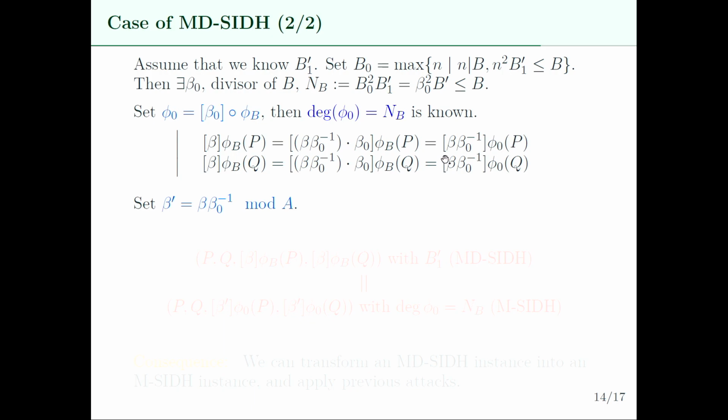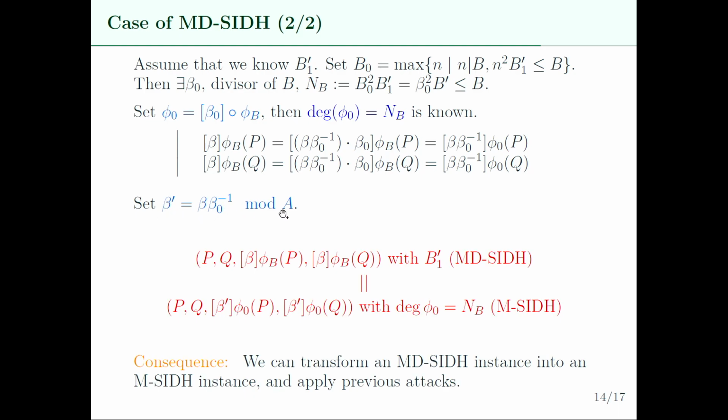And the same holds for Q. And we now set beta prime equal to beta 0 inverse modulo A. And we know these two cases are the same. The first case is the case of MDSIDH, where we know the square-free part of b prime. And the second case is the case of MSIDH, where we know the degree of phi 0 is NB. So we can transform an MDSIDH instance into an MSIDH instance, so we can apply the previous attacks.